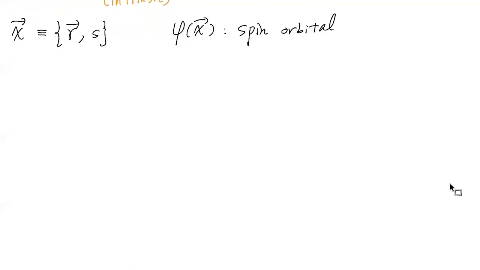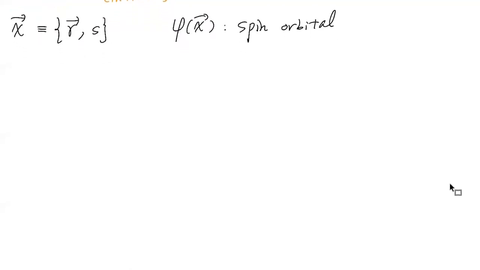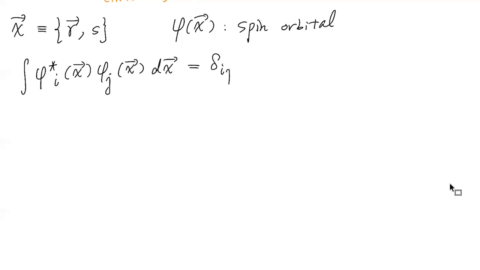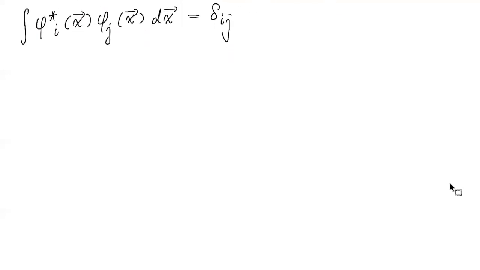So of course, for a single electron, the spin orbital should satisfy the orthonormal condition. That is, the integral of phi i star of x times phi j of x dx should be equal to delta ij, right?